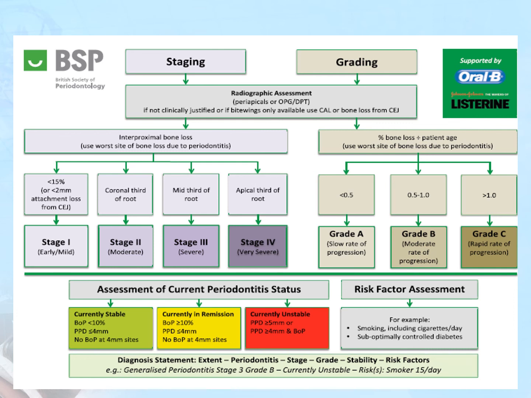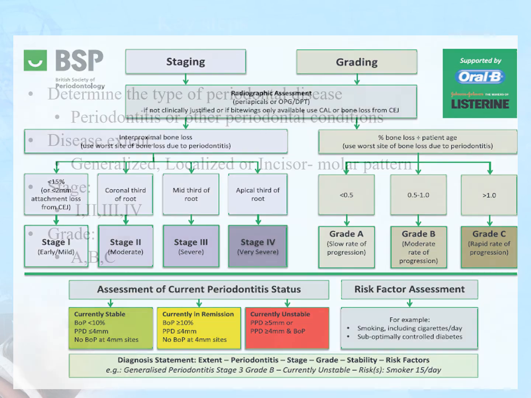See the worst side possible, and stage him into stage 1 if there is 15% of bone loss alone, stage 2 if there is a coronal third of bone loss involved in the radiograph, stage 3 if the mid-root level is also involved, stage 4 if the apical third level is also involved, and grade them based on the bone loss percentage by age as A, B and C, that is slow, moderate and rapid rate of progression.